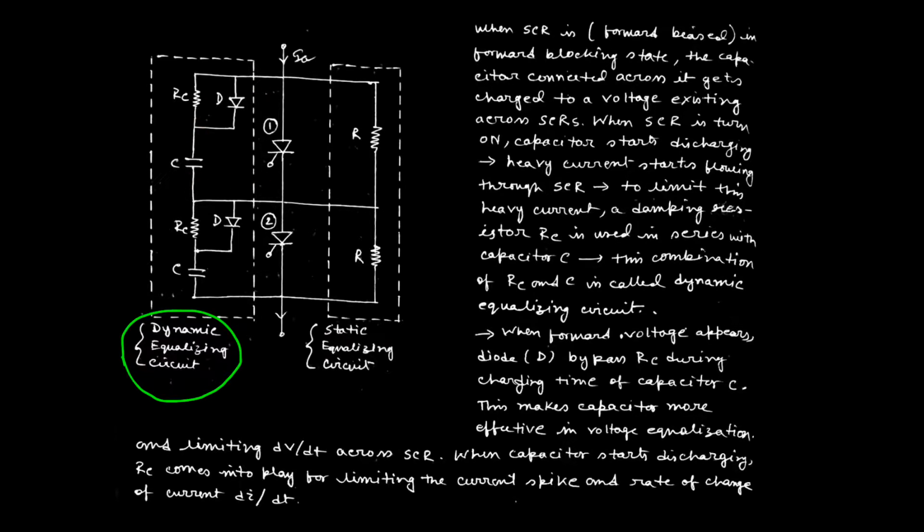Previously, I discussed the static equalizing circuit, which delivers the same amount of voltage during steady state operation. That means during turn on and during steady state, the voltage will be equally distributed by using these two circuits, the static equalizing circuit as well as the dynamic equalizing circuit. Okay, now I am talking about the turn-on process.